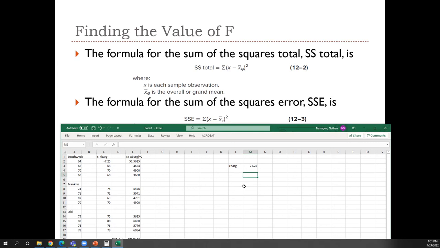So that's going to be 9. So SSE in itself, that's actually degrees of freedom. I have to piece this out.